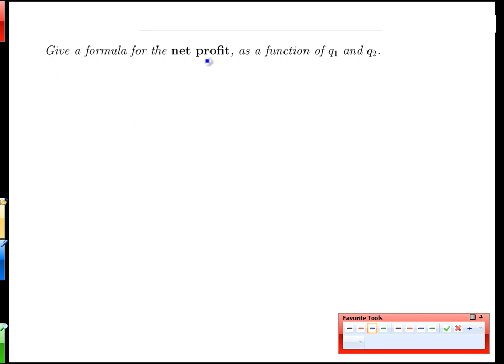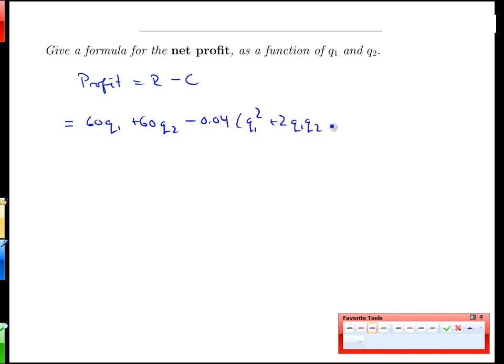What, of course, is going to be our next step? To find the profit. Well, the profit is our revenue minus our costs. Our revenue we just had a second ago was 60 Q1 plus 60 Q2 minus 0.04 times Q1 squared plus 2 Q1 Q2 plus Q2 squared. All of that is our revenue.